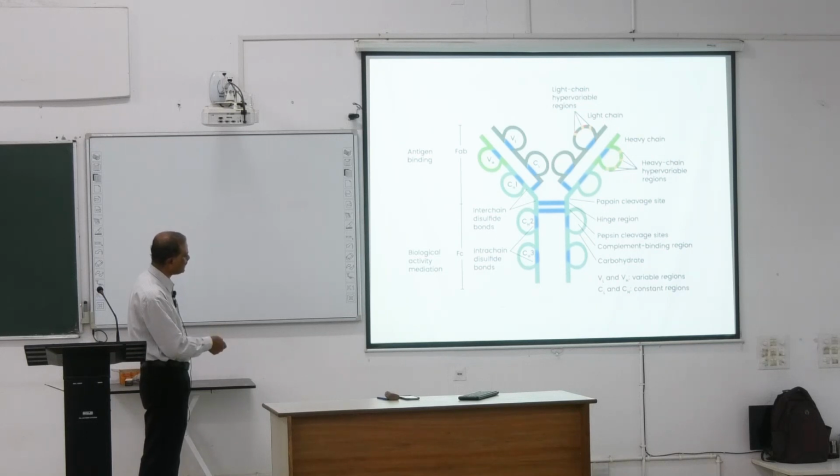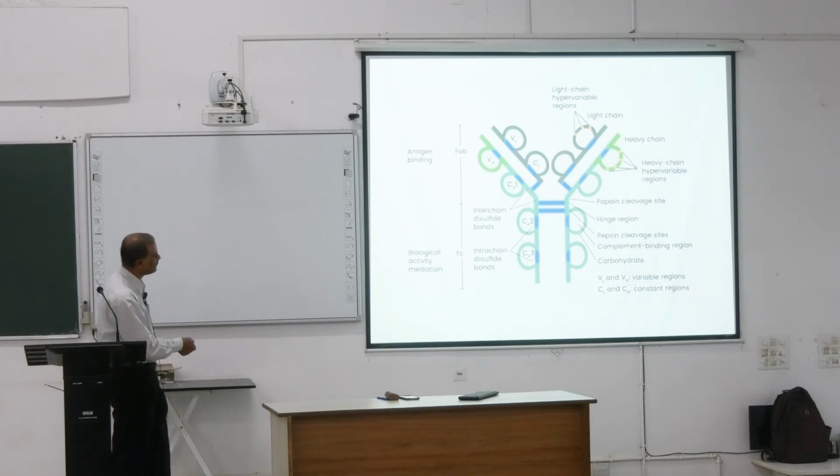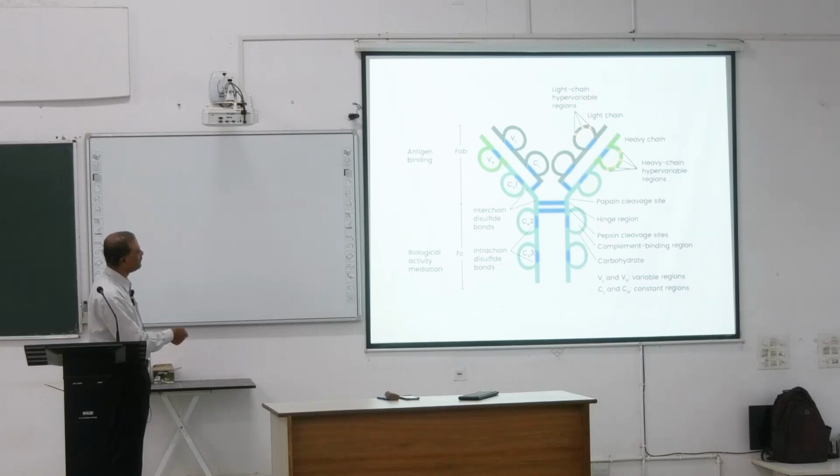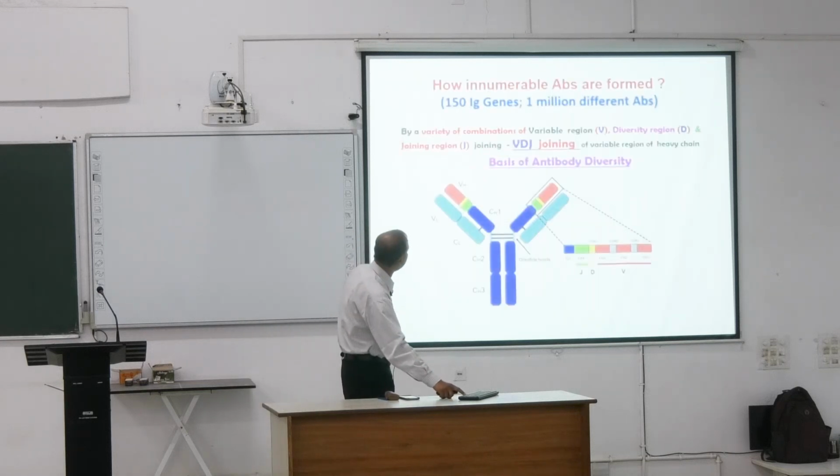The structure is Y-shaped, and there is a hinge region for which it can operate like this. And there are three domains in the heavy chain: C1, C2 and C3, and the variable domain is like this. You must remember that the terminal part binds basically with the antigen.